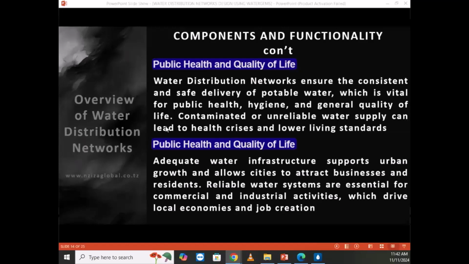The system which is working well. That system will improve our public health and our quality of life through hygiene, health, and general qualities. So by designing an efficient water distribution system, it will help us improve public health and quality of life.